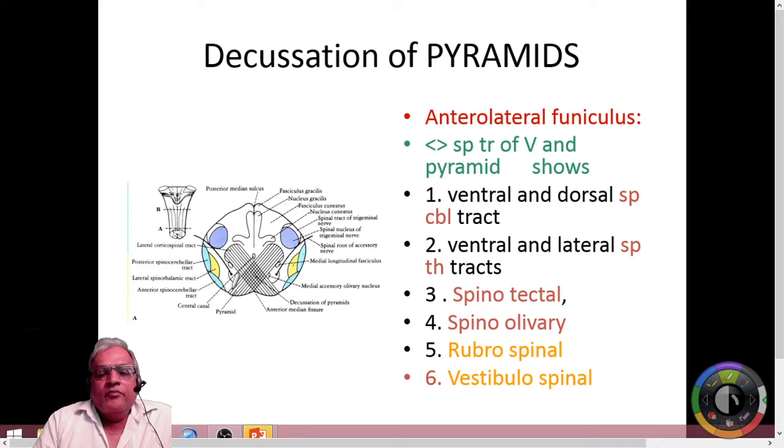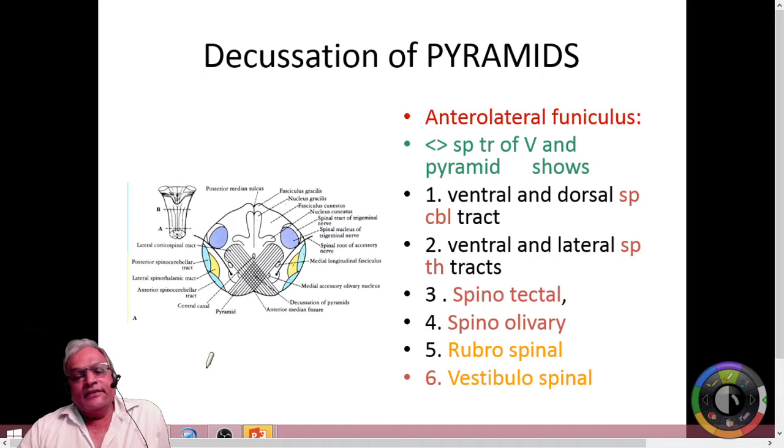Then you have the spinotectal and the spino-olivary tracts that go up. It's not marked here, I think. Yeah, the spinotectal tract should be somewhere here along with the lateral spinothalamic tract. And what does the spinotectal tract do?